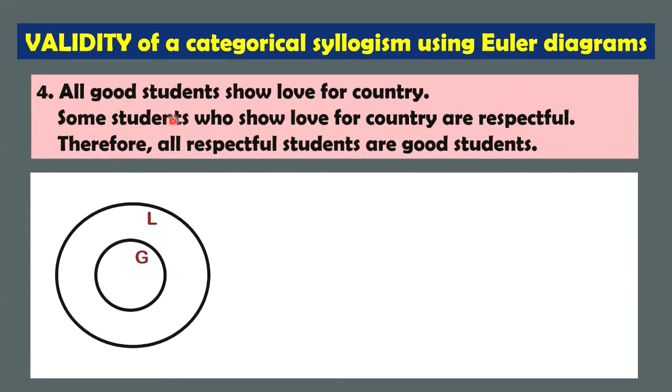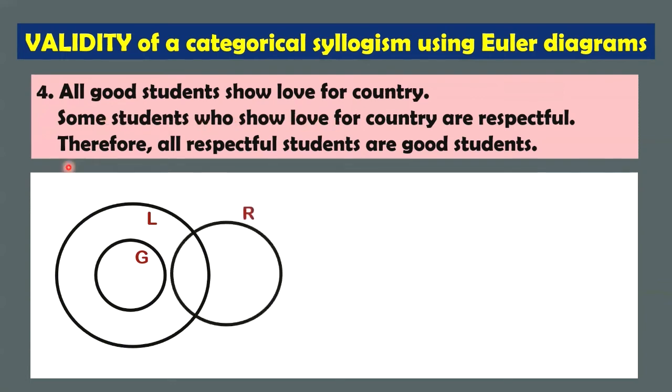Now, let's move on to our second premise. Okay? Some students who show love for country are respectful. Okay? So, we have another set here. Let's call it set R para sa respectful. So, you imagine kung paano ilalagay yung third circle natin such that totoo itong second premise natin.